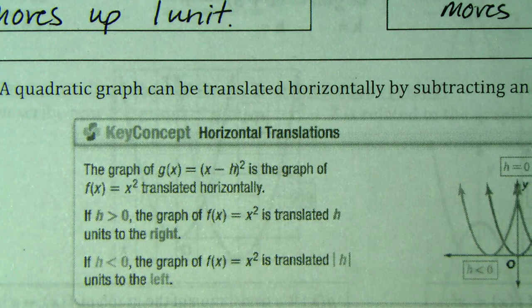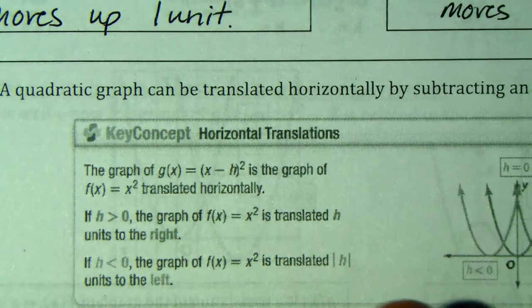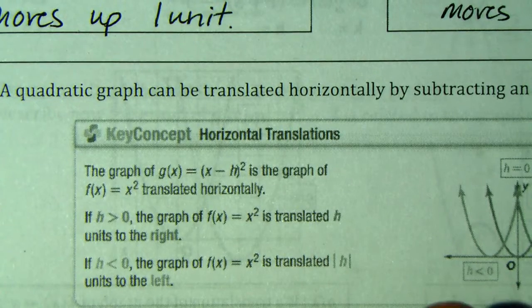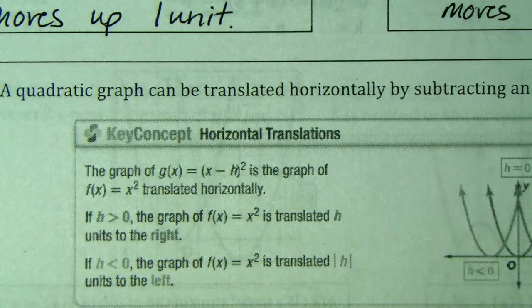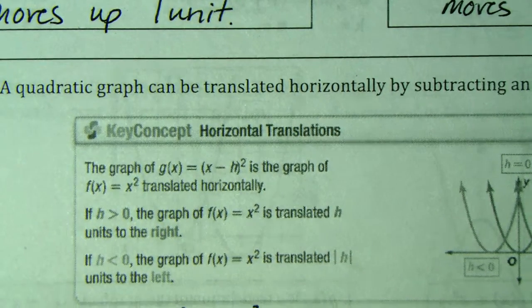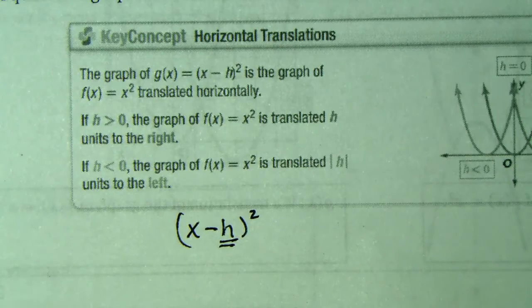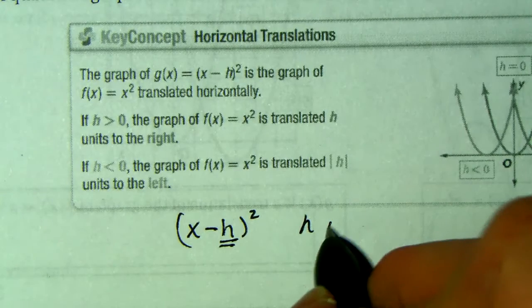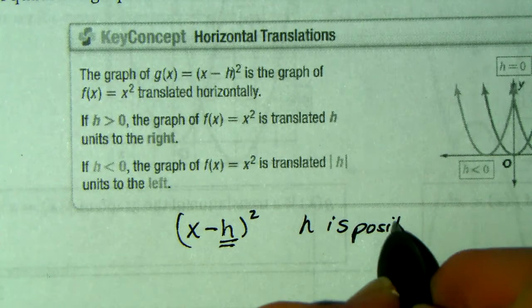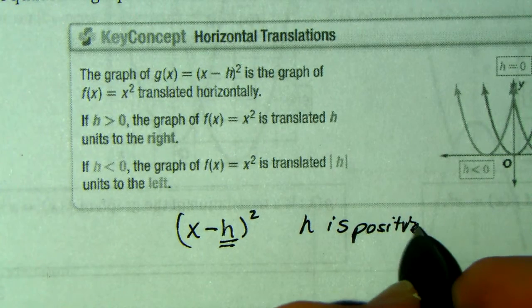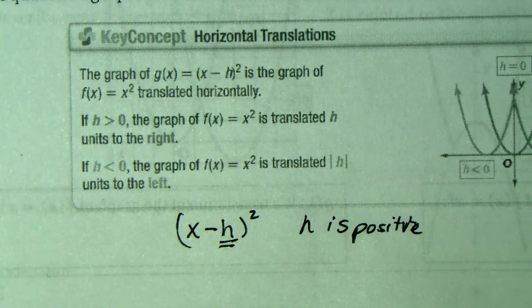So in this case, oops, you guys can't see that. In this case, h is positive. Okay, when it's a minus h, that's when h is positive. And if I'm moving left and right as far as the x-axis, if it's positive, what way does x go? To the right.